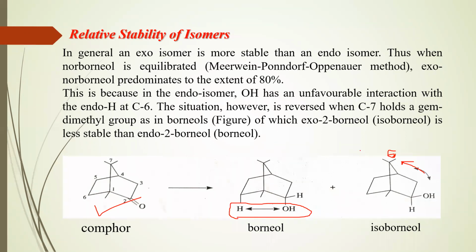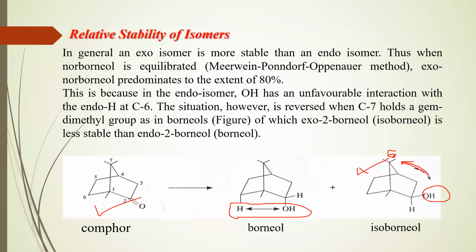Therefore, exo-2-bornyl is less stable than endo-2-bornyl. This structure is unstable because of the interaction of this methyl group and this OH group.